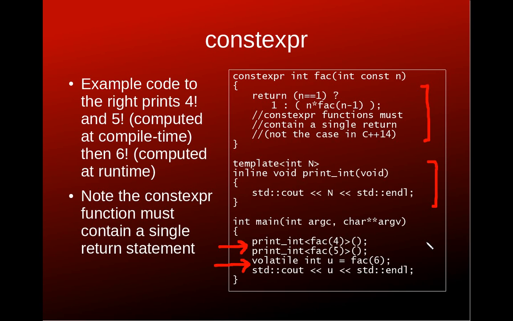If u was not marked volatile, there is actually a chance that the compiler will be smart enough to decide that it can evaluate this at compile time, so it will. But by marking it volatile, we are disabling those optimizations. So in this context, it is guaranteed that fac will be computed at runtime. The versatility of Constexpr is that we can use Constexpr functions for both situations, so incredibly useful.